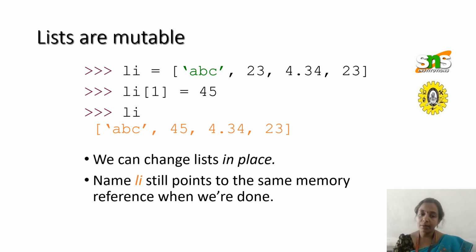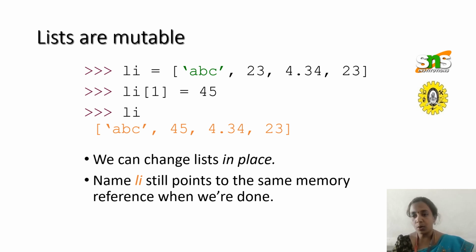What data do I have to include? I have to include 45. Then I want to see the output. So what would be the new output? ABC, 45, 4.84, 23. What I did was replace the value. So 23 has been replaced with 45.